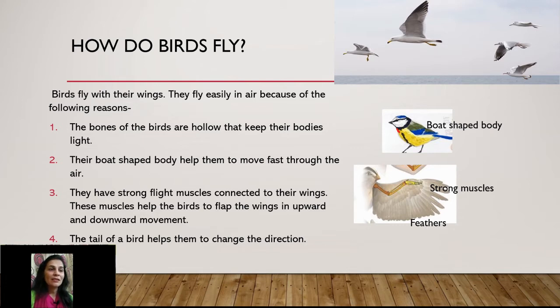As you can see in the picture, the strong muscles are connected with the wings. And at last, the tail of a bird helps them to change the direction. These 4 points help them to fly easily in the air. We are not having all these 4 reasons. That's why we do not fly in the air.